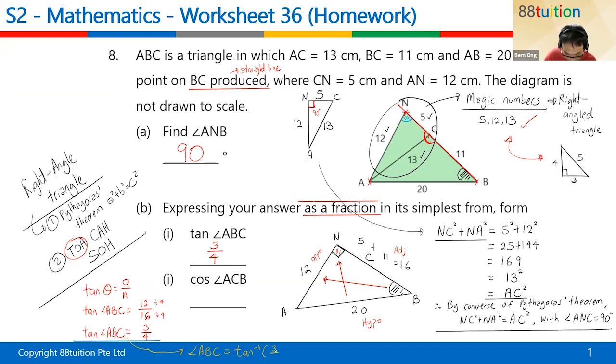Then you press your calculator, shift tangent 3 over 4. Your answer will be 36.869 degrees, 1 dp, 36.9 degrees. Then declare 1 dp, if the question asks to find angle ABC.